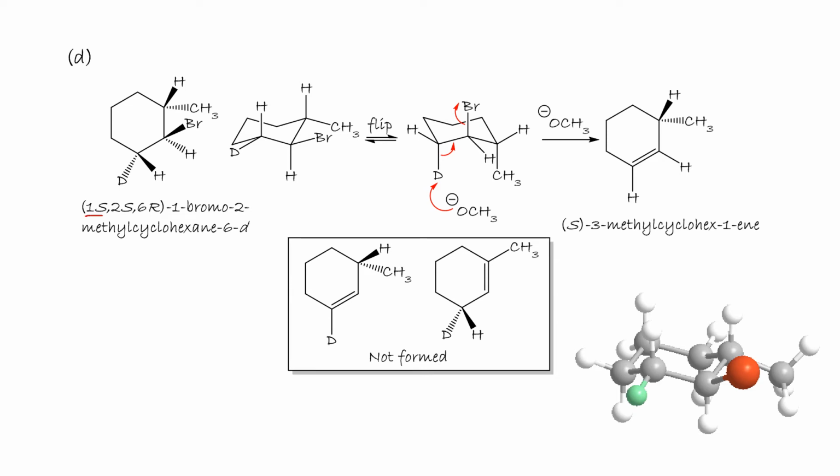Reacting 1S, 2S, 6R, 1-bromo-2-methylcyclohexane, 6-deuterated, with methoxide as a base. What do we expect as a product?